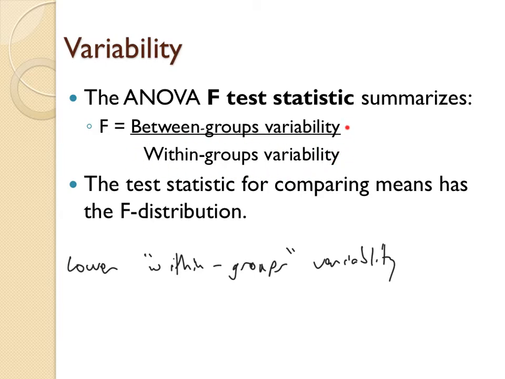The way fractions work, making the denominator smaller makes the whole fraction bigger. So lower within groups variability is going to make that F score higher. And what we just said was having lower within group variability means that those groups were more clustered, and so that's actually better. So we think that would give us better, more evidence of association.